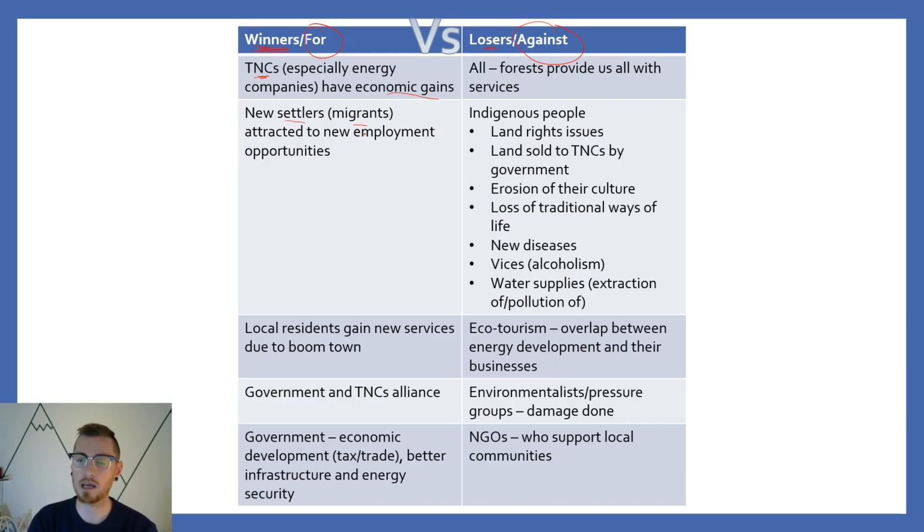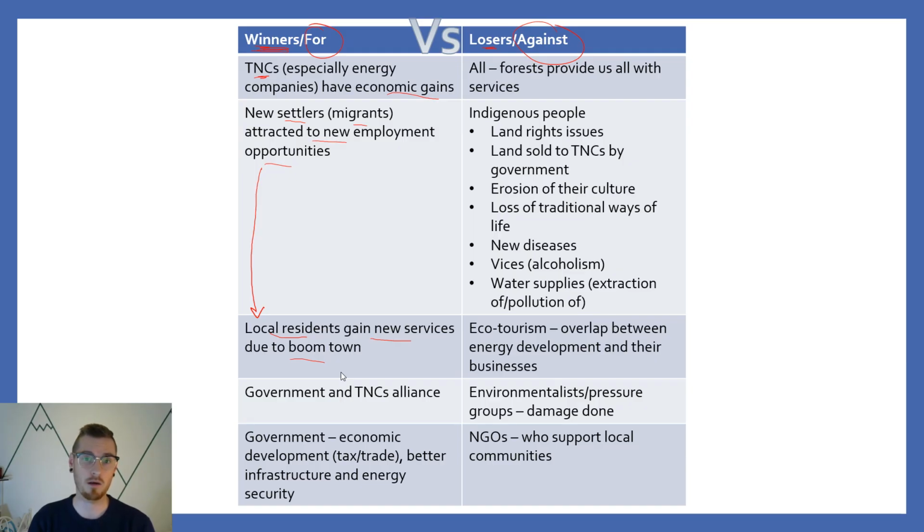Also, new settlers or migrants who move into an area because they're going to get new economic employment opportunities. These, along with local residents who already live there, are probably going to get access to new services due to the boom town. So the town that's going to boom and grow surrounding whatever this industry is.